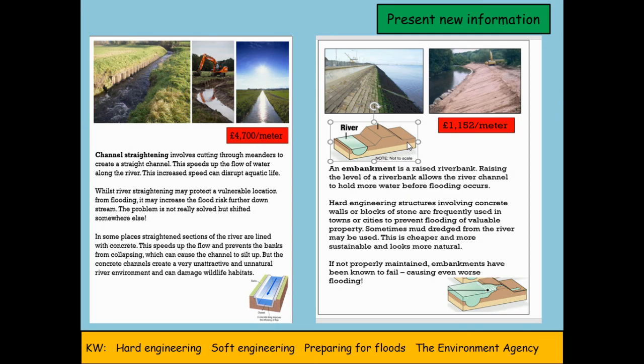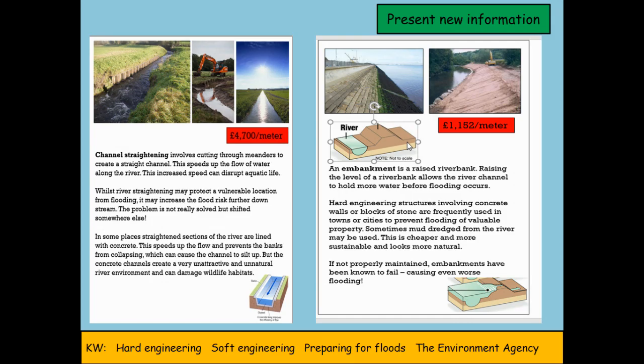If this is not maintained, then you could potentially have a case of, not like a landslide, but it could collapse and fall back into the river, which could then allow flooding to happen, especially if that means there's access for the river to move into the town or the city that it's protecting.